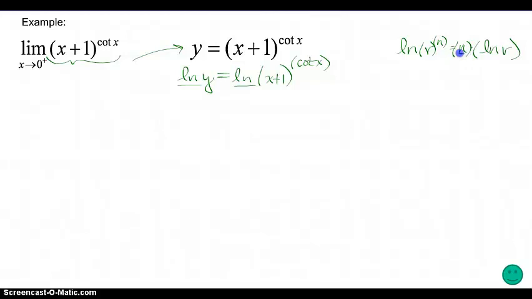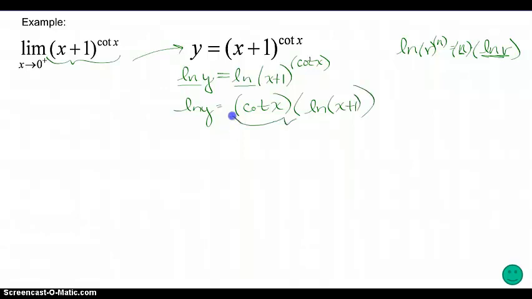I like a variable expression times a variable expression much better than a variable raised to a variable. So now the natural log of y, if I use that logarithmic property, is the cotangent of x times the natural log of the quantity x plus 1. Now, I've changed the way it looks. I haven't changed its value. I've just changed the way it looks.